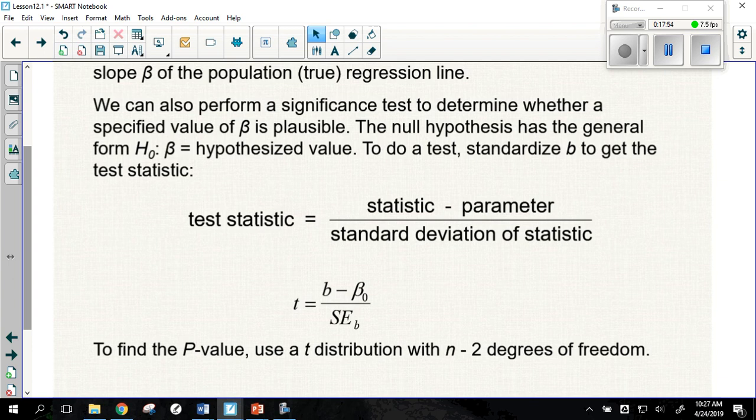So our statistic minus our parameter. And when we come up with a null hypothesis for this, our null hypothesis is always going to be that beta is 0, right? We're going to test against the idea that the slope is 0.